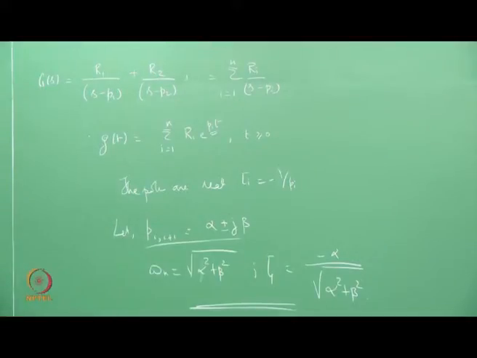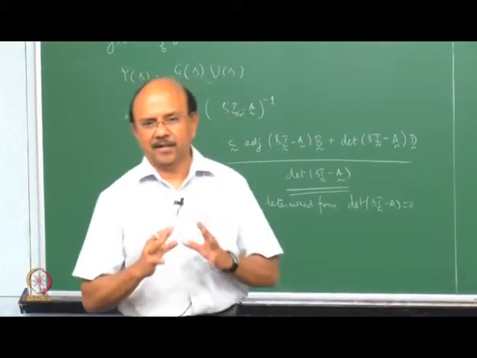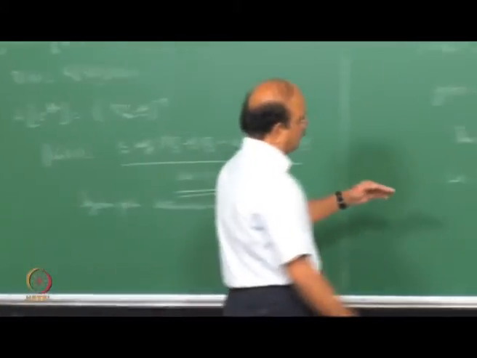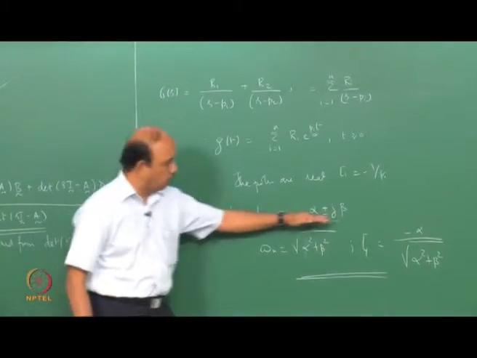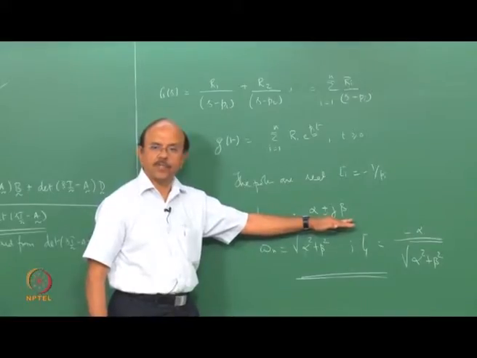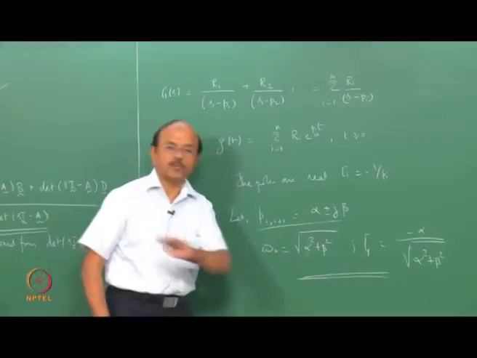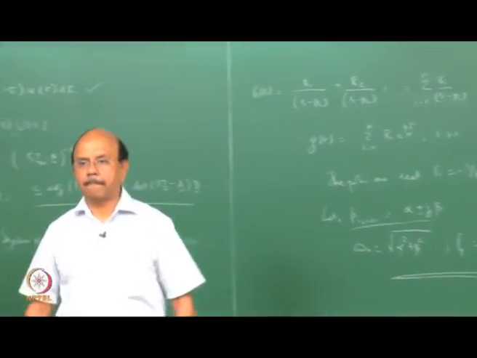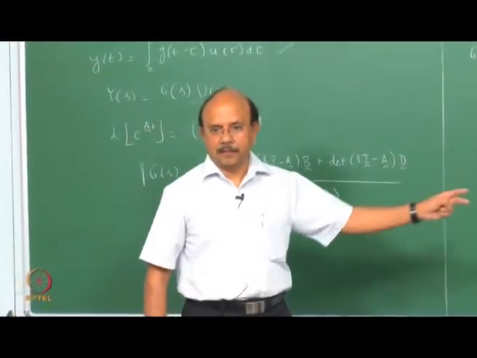People usually say that natural frequency is the eigenvalue or poles and so on. They are not strictly correct. Yes, one comes from the other, but please note that if these are the complex conjugate poles, then this is what is the natural frequency. Now you understand the natural frequency and the poles.